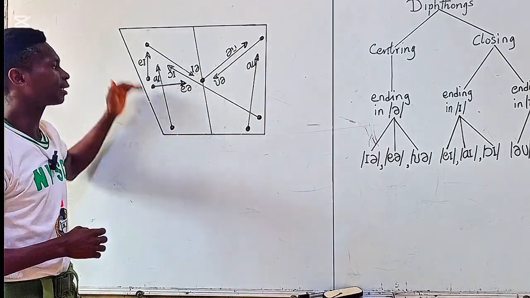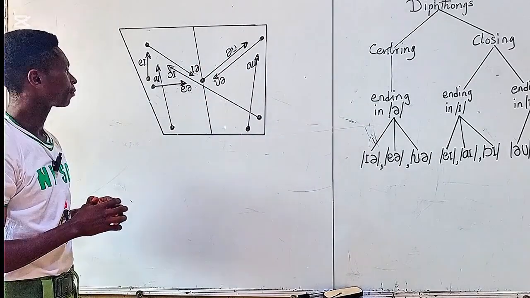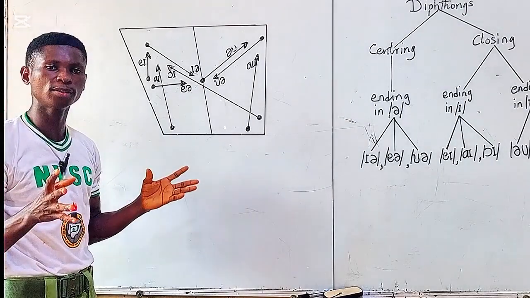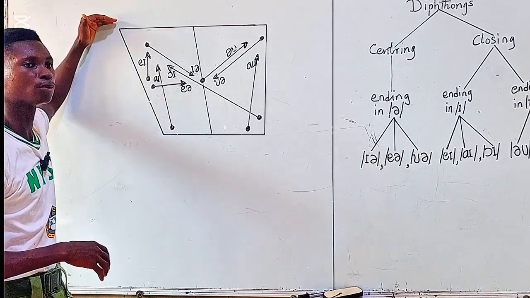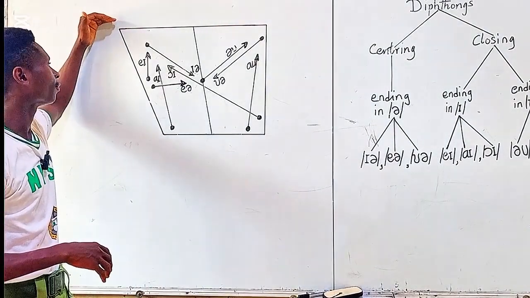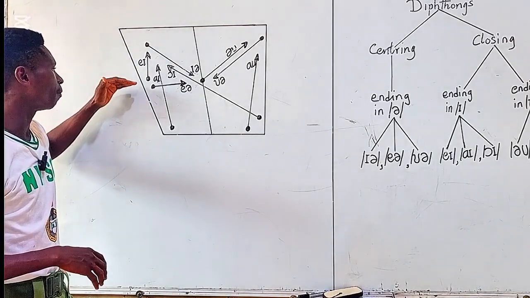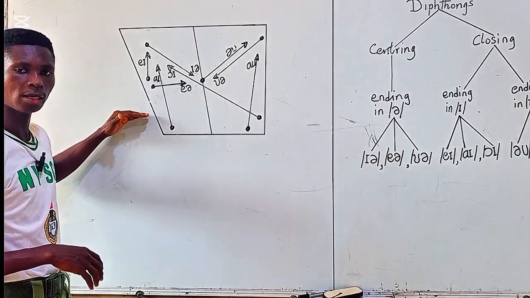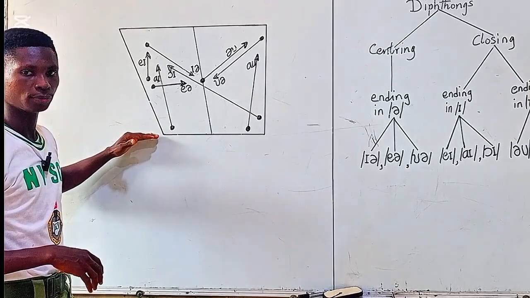Then looking at the vertical lines, the vertical lines indicate the height of the tongue. I remember the descriptions we have for the height of the tongue, ranging from close or high, mid-high, mid, mid open, or you call it mid low, then low.